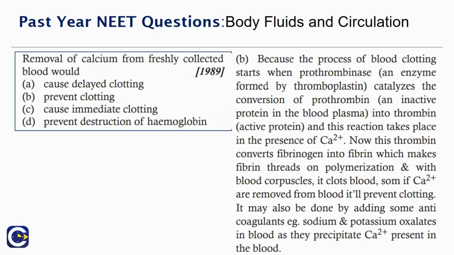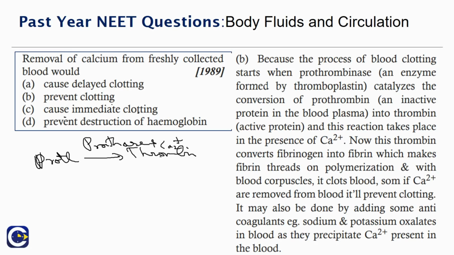Removal of calcium from freshly collected blood would: cause delayed clotting, prevent clotting, cause immediate clotting, or prevent destruction of hemoglobin. So we have to know the coagulation pathway. First in the pathway, prothrombin has to be converted to thrombin. This is done by the enzyme prothrombinase, in action with calcium Ca2+ ions.